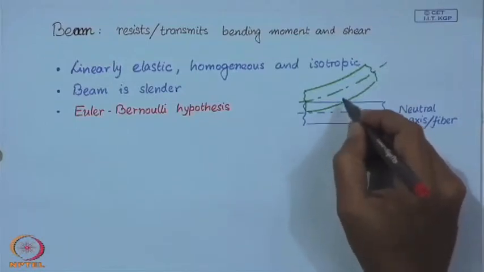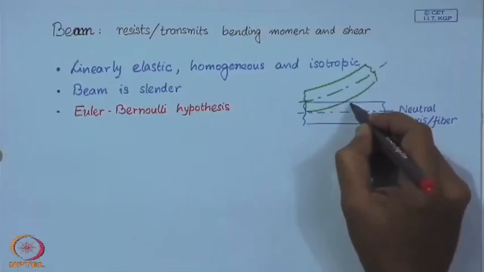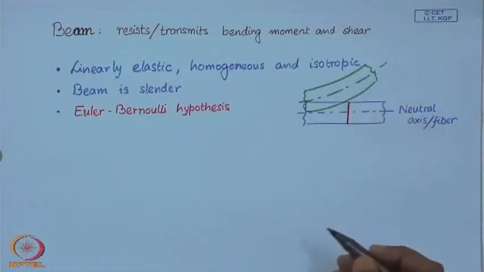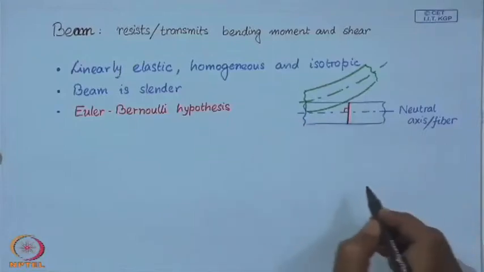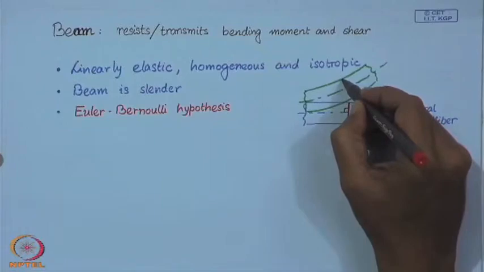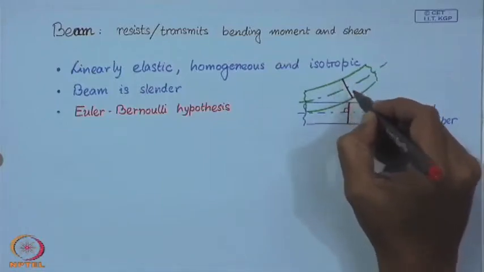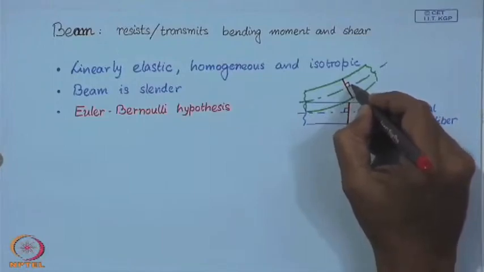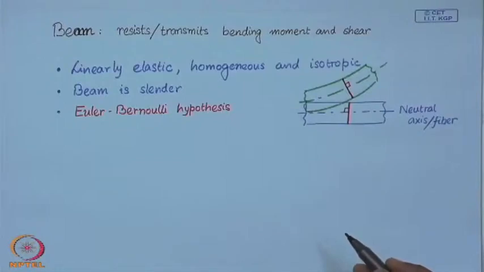So, if you take a plane section of this beam before deflection, which is perpendicular to this neutral fiber or neutral axis, then in the deformed configuration this section remains plane and remains perpendicular to the deformed neutral axis. So, this is the Euler-Bernoulli hypothesis.